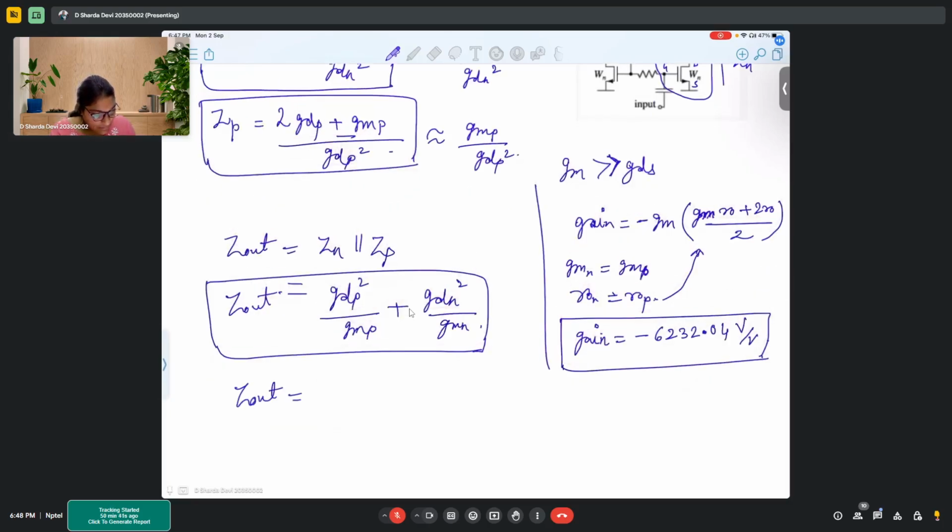So this is Z out, which will be 2 GDN squared over GMP into GM.